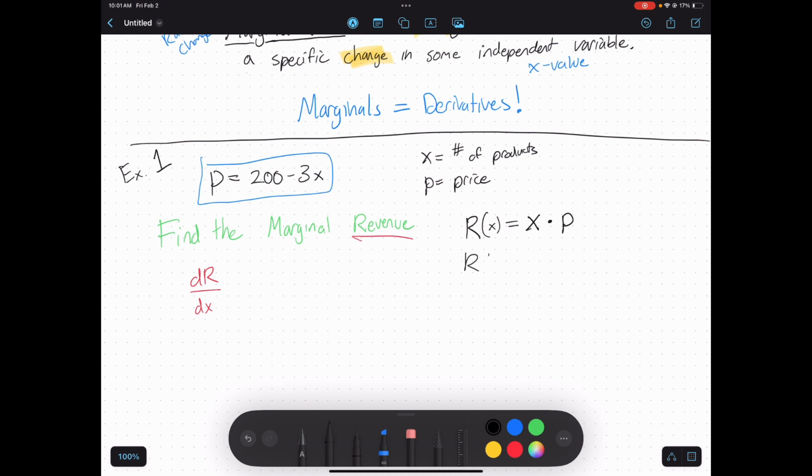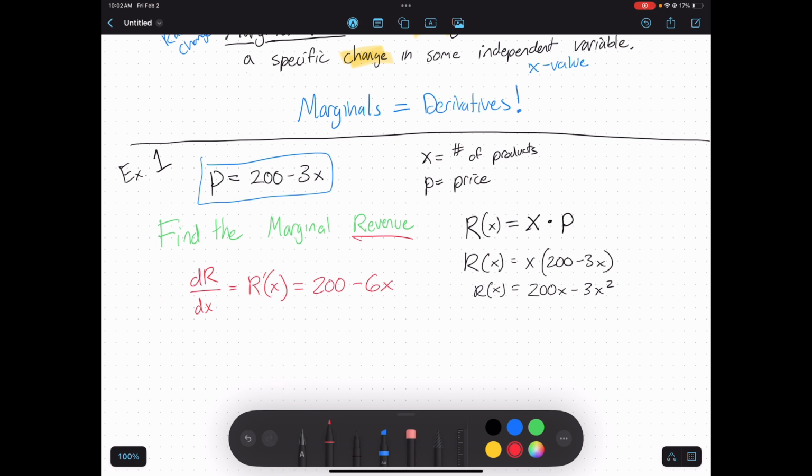So using that, I can plug 200 minus 3x in for P, distribute, and I now have my revenue equation all in terms of x. That means I can go ahead and find my derivative, right? Remember, dR over dx is just the derivative of R. And so I get 200 minus 6x, just using the power rule. So there's my marginal revenue.